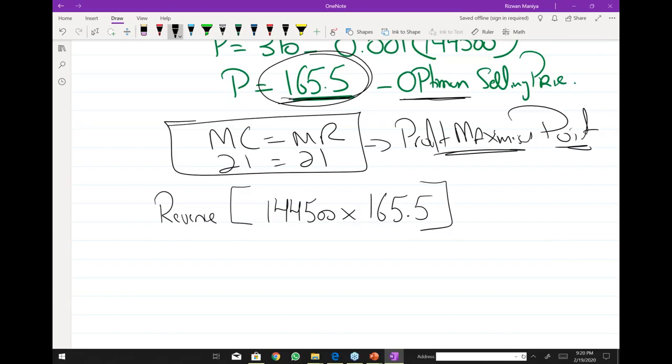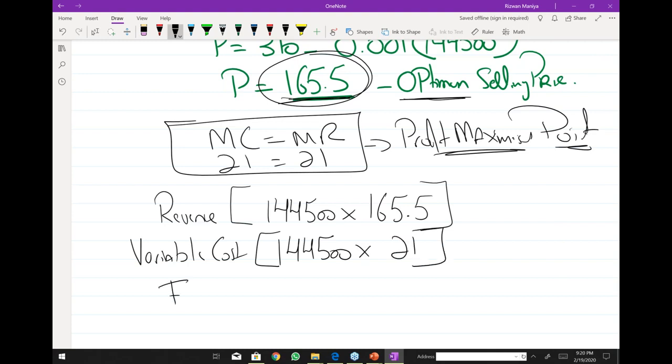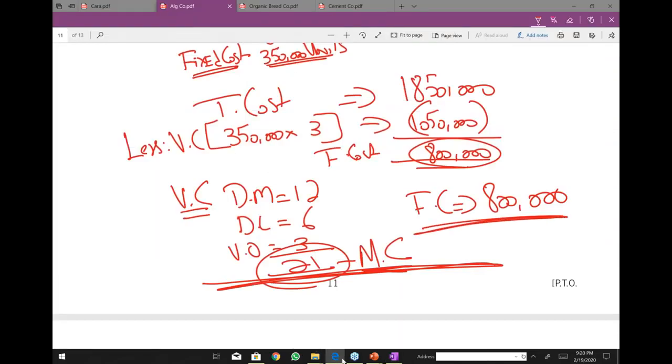Then comes the cost, variable cost. We know the variable cost per unit, so it's 144,500 multiplied by 21. And we know the fixed cost as well that we worked out from the previous part. That fixed cost was 800,000.